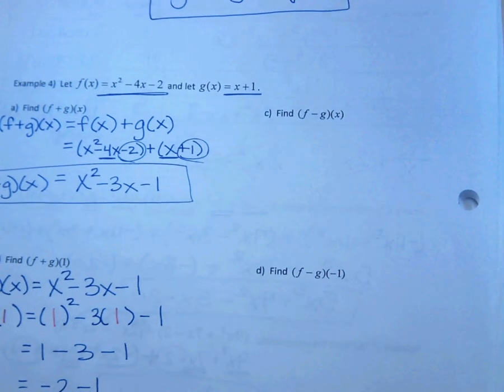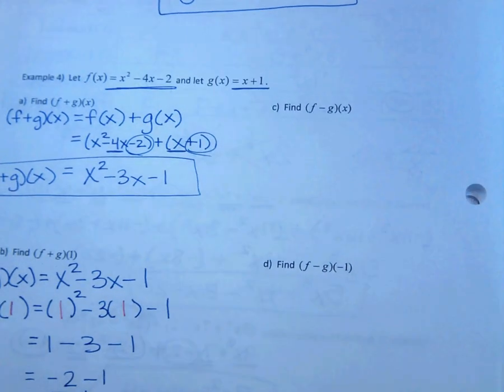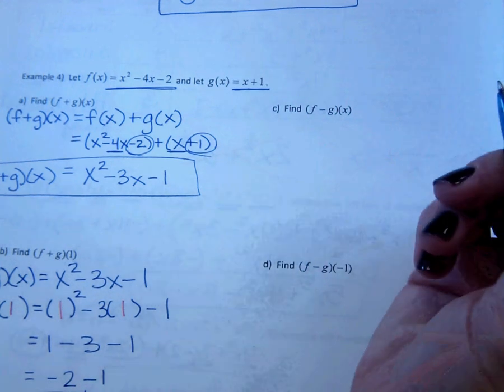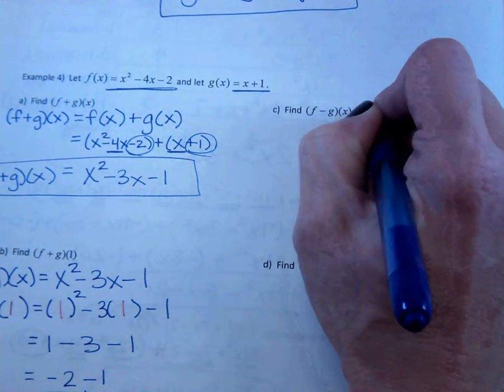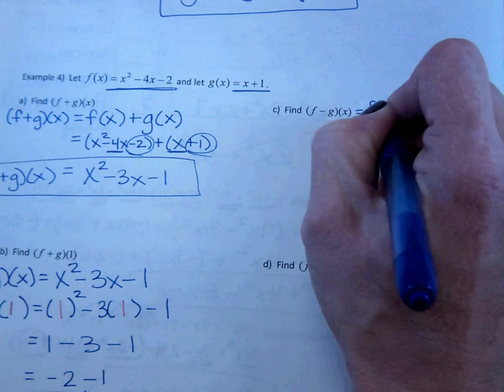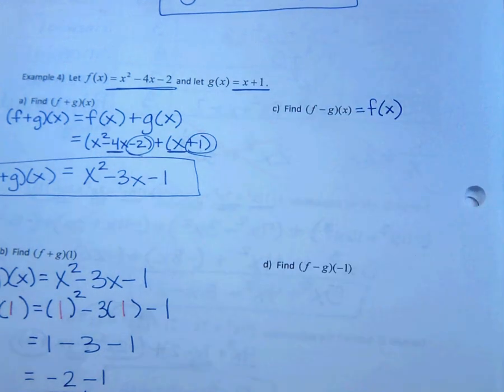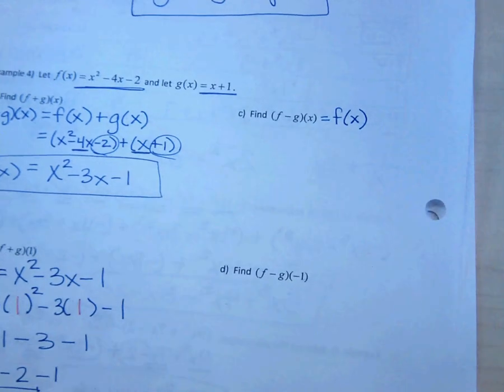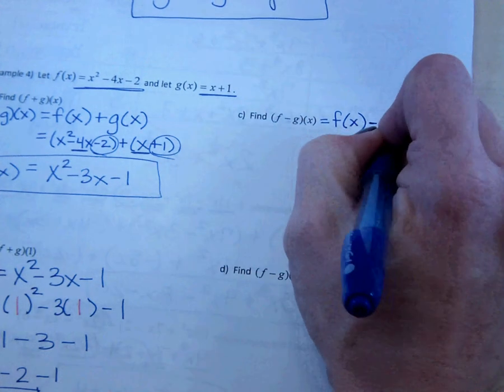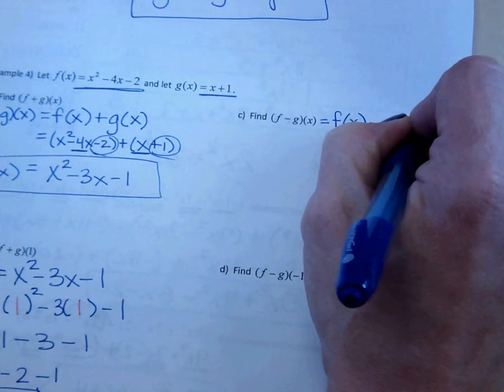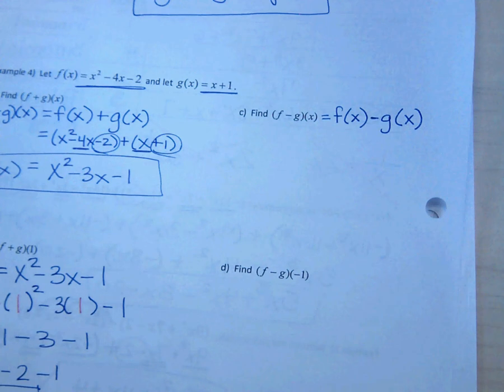Okay, let's look at part C. Now I have to find f minus g of x. Well, we'll use the same reasoning as before. f minus g of x is the same as taking the f of x function and subtracting the g of x function.